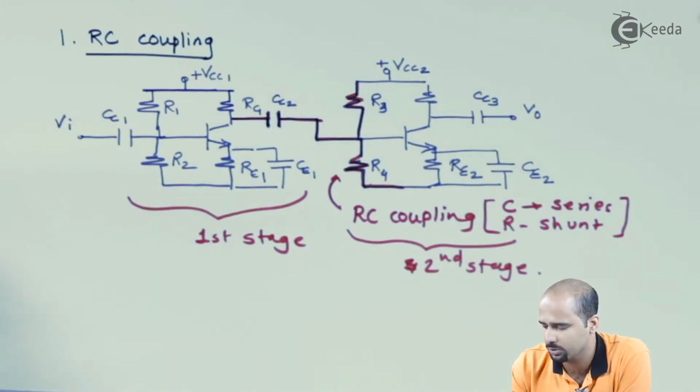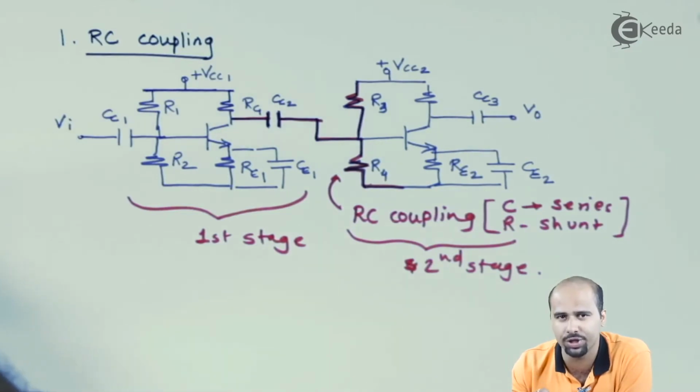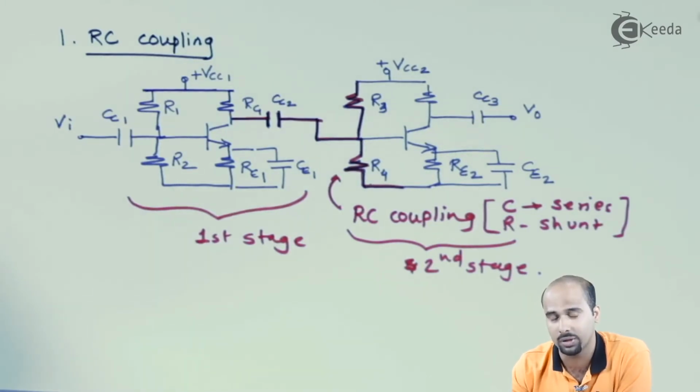But as we add more and more stages, your bandwidth will reduce and your gain will increase. So we have to compensate between gain and bandwidth. Depending on the customer requirement, we have to choose that particular number of stages for the multi-stage amplifier.